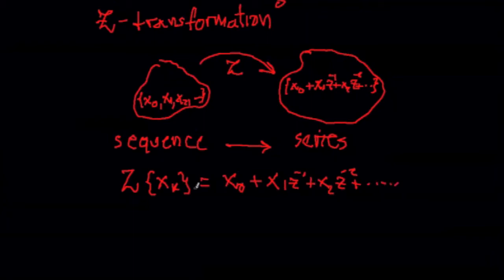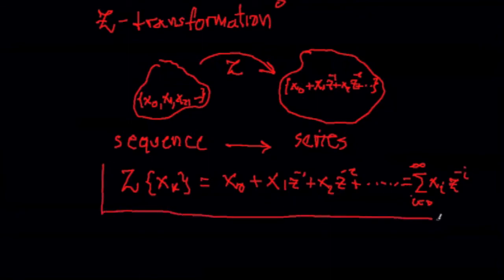We go as far as we have terms in the sequence. If this sequence is infinite, then this is an infinite series. In other words, for infinite sequences we have the sum of x i z minus i. This is the formal definition of the Z-transform.